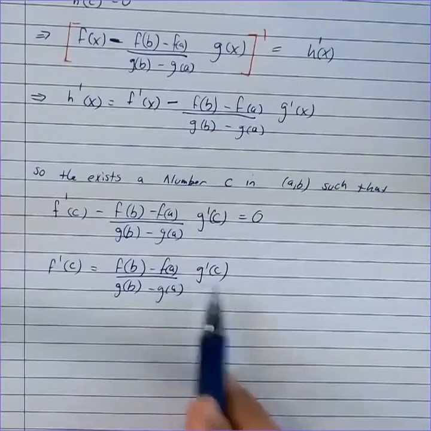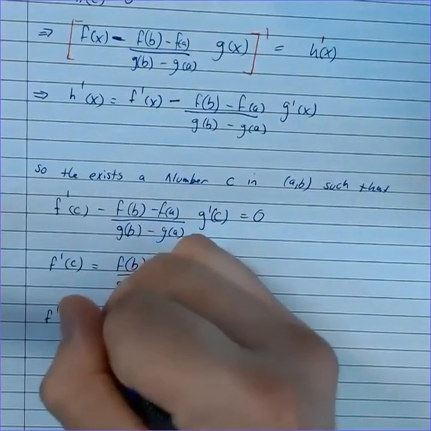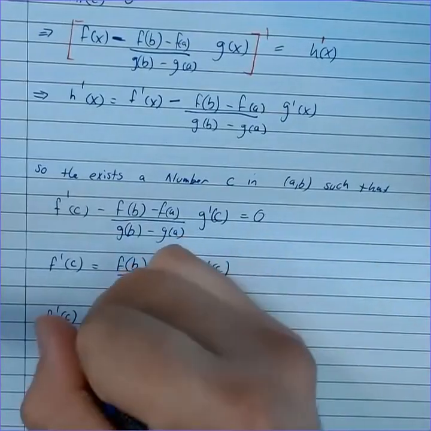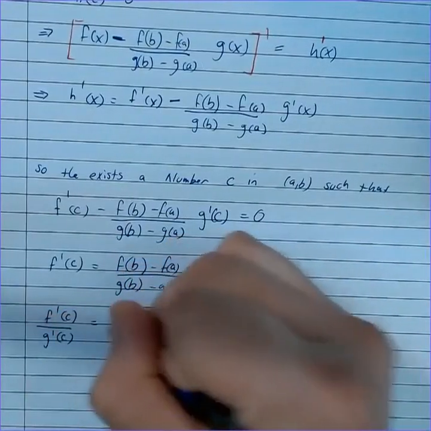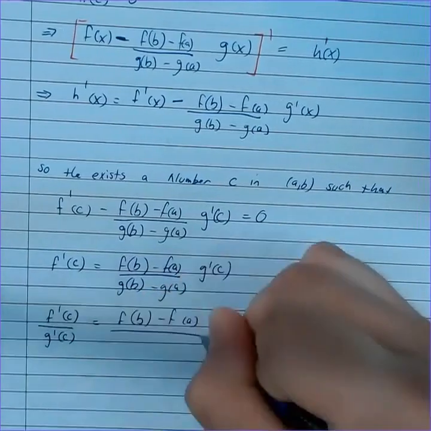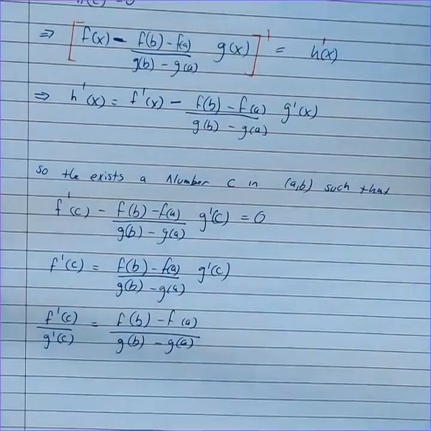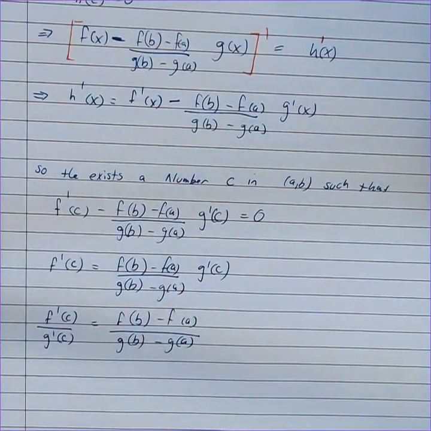But now I can divide both sides by g prime at c, and that gets me my result. f prime of c over g prime of c is equal to f at b minus f at a over g at b minus g at a. And that is the result we were after.